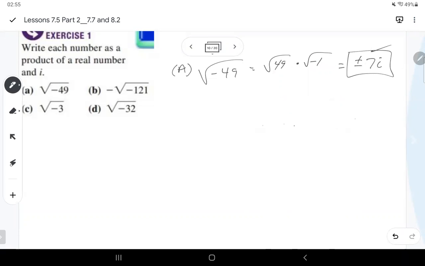Okay, plus or minus, take it or leave it. You can continue with it or not. I'm not going to take off points. Same thing here. We have a negative square root of 121 times -1. So then we have negative, I'm not going to worry about the plus or minus, 11i.